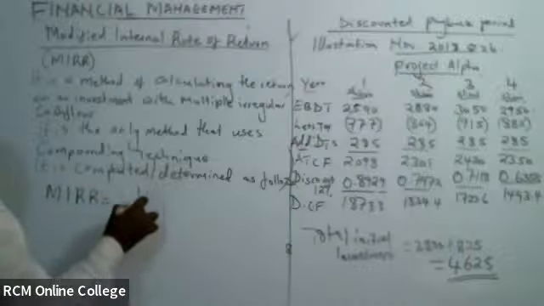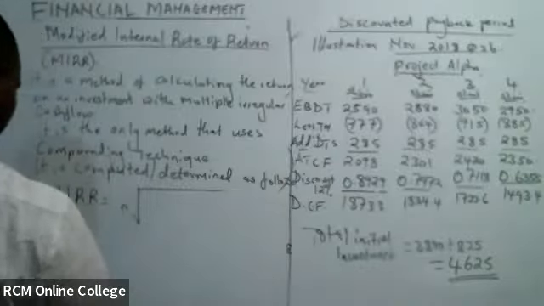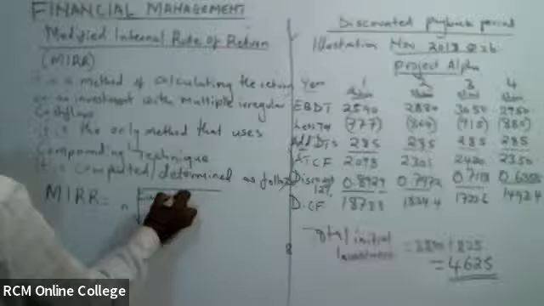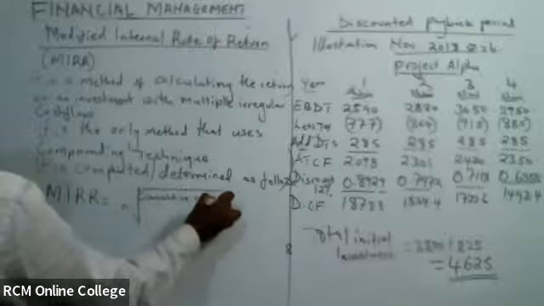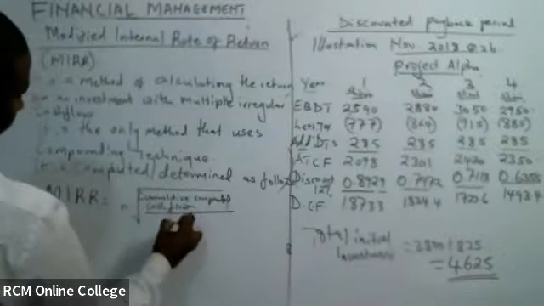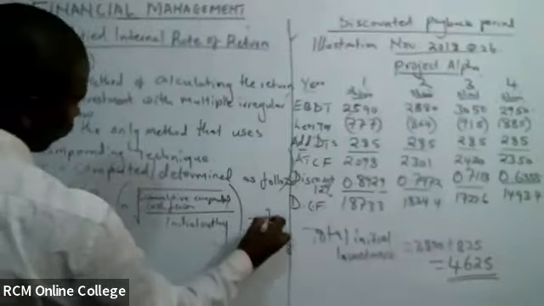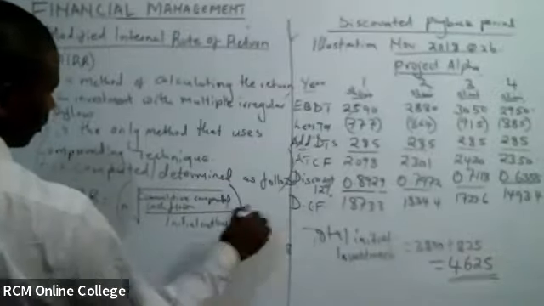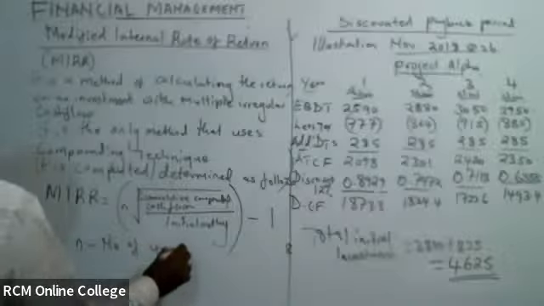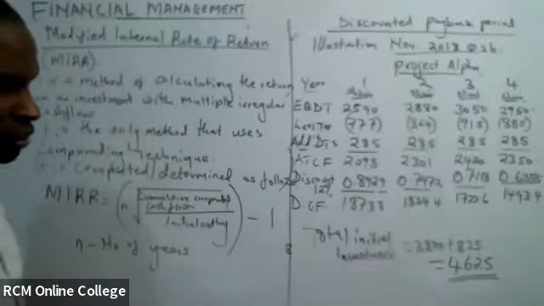It's given by the nth root of the cumulative compounded cash flow divided by the initial outlay, minus 1, the whole of that minus 1, where N is the number of years.